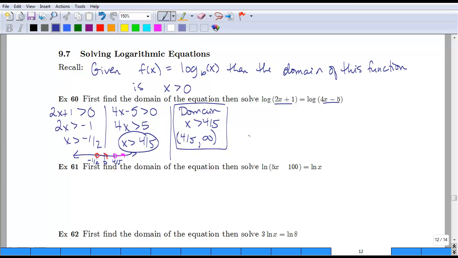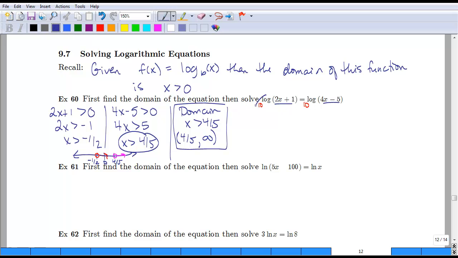So another option that you can go with is combining things using our properties of logarithms, and then again rewriting it in exponential form. So in this case, we can look at this and say, okay, these are both log base 10. So we can make 10 our base and our exponent this entire thing.